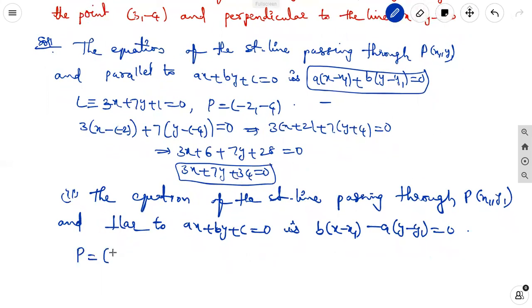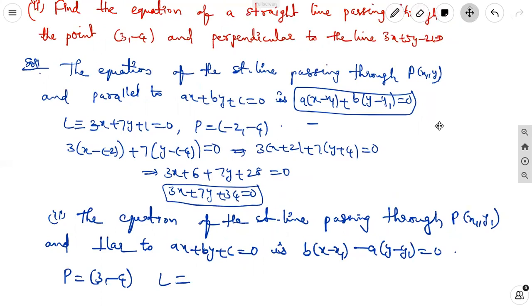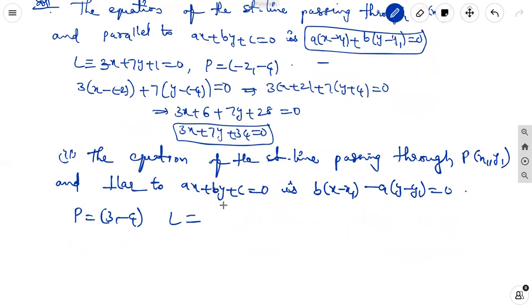P point is 3 comma minus 4. The line equation is 3x plus 5y minus 21 equal to 0. Here, a is equal to 3, b equal to 5.